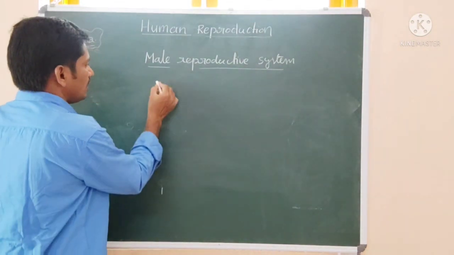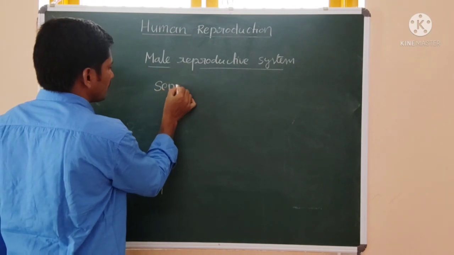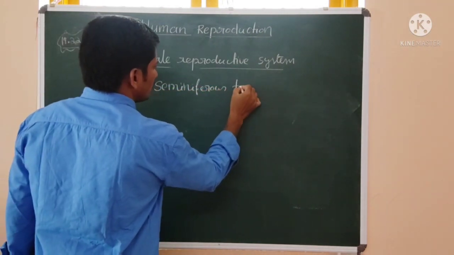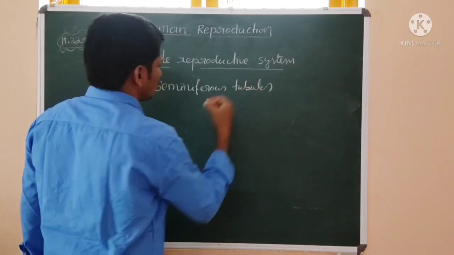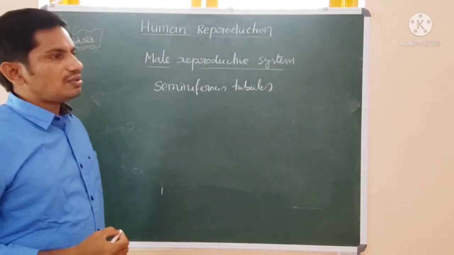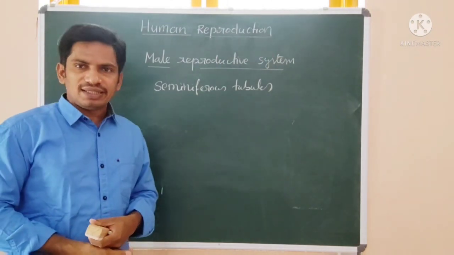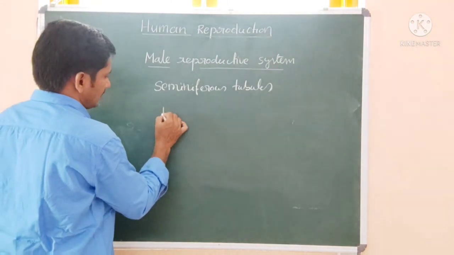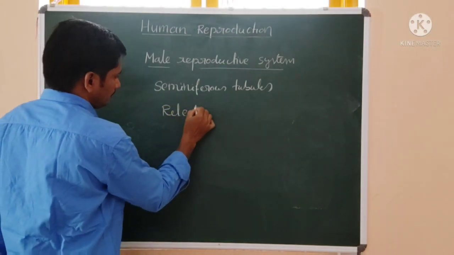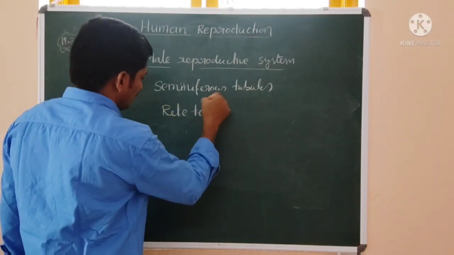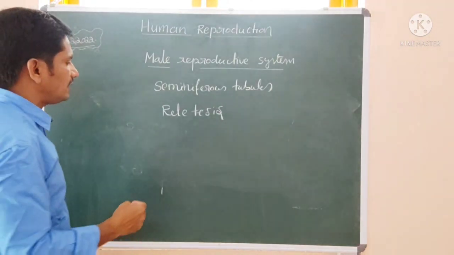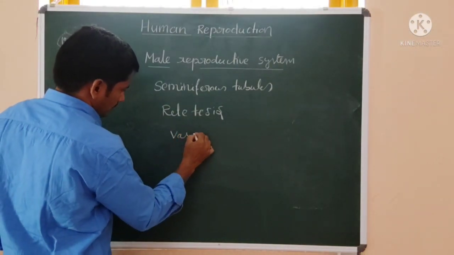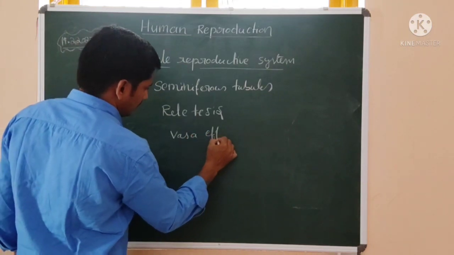We call these the seminiferous tubules. These seminiferous tubules present in the testes open into the rete testis. The rete testis opens into the vasa efferentia.